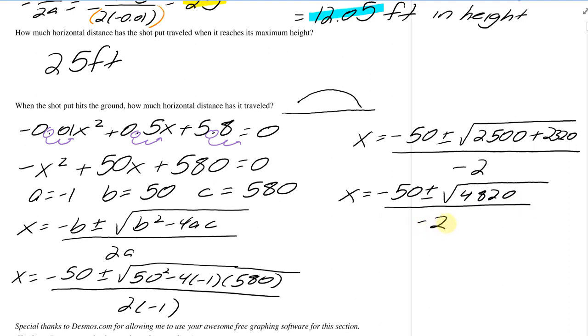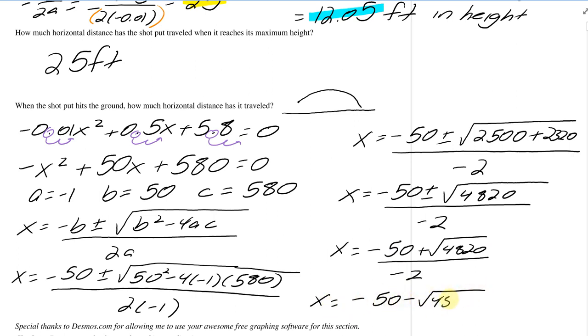Now I can break this up into two cases. So I get x equals -50 plus the square root of 4,820 divided by -2, or x equals -50 minus the square root of 4,820 divided by -2. Let's work this out. For the first one, I get -9.71. Maybe I'll round that, -9.71. And for the second one, I get +59.7.